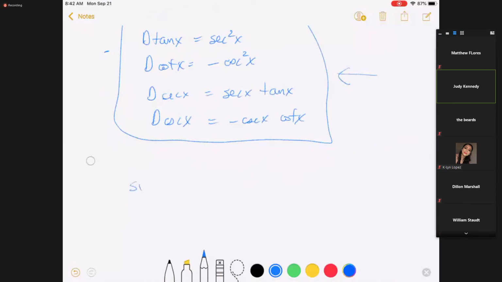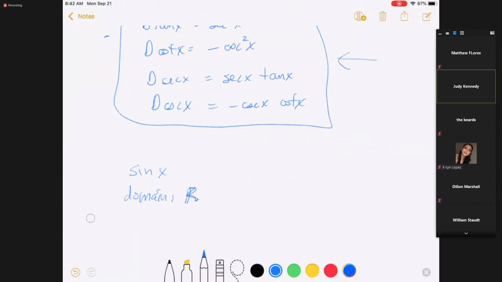Okay, the sine function has domain all the reals, and range -1 to 1. And it looks like this, periodic. All the trig functions are periodic.